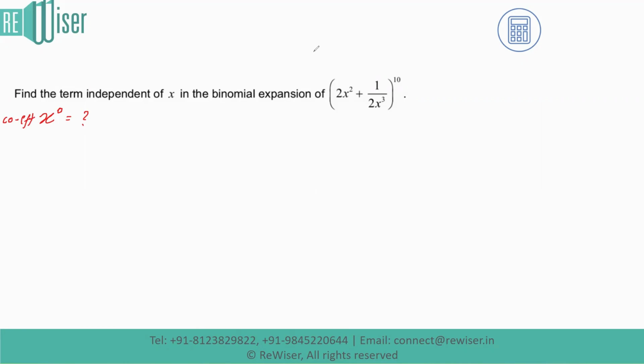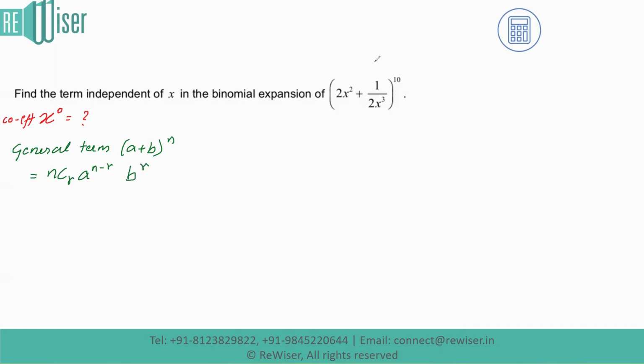In order to do that, the first thing we should know is the formula for the general term of (a + b) to the power n, which is nCr into a to the power of n minus r into b to the power r.